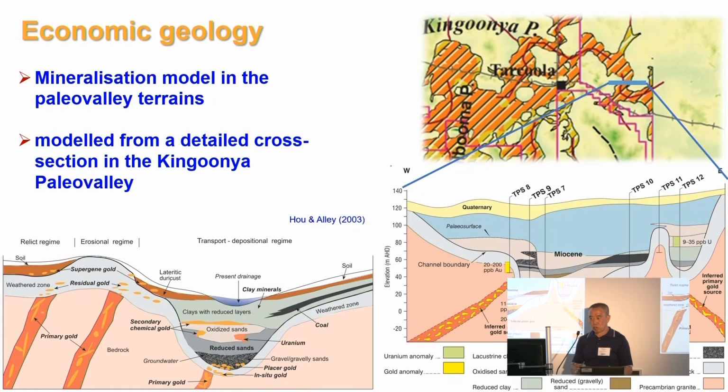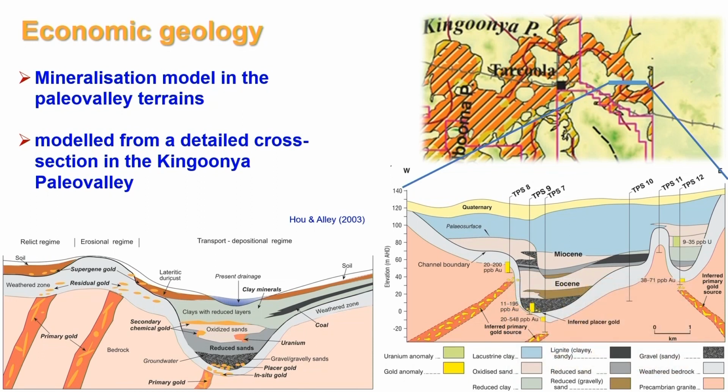This is one model we're working on, the summary from the CSLIM project, showing the paleochannel work related to economic geology. This is an example from one cross-section in the Kingoonya paleochannel within the GP2 area. Within this one cross-section, you can find a uranium anomaly, placer gold anomaly, primary gold anomaly, and coal, and even groundwater.